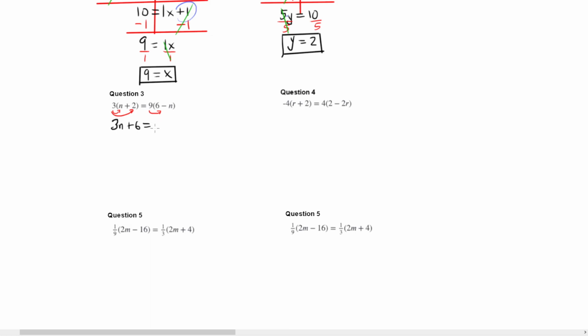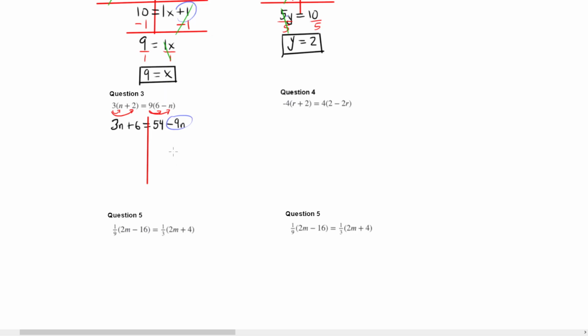Oops, 54. And 9 times n, or negative n, is just going to be negative 9n. Now, I draw my balance beam, and I'm going to pick the smaller n to move. Again, I want n by itself, but I have n on both sides of my equation, so I'm going to have to move one of them.